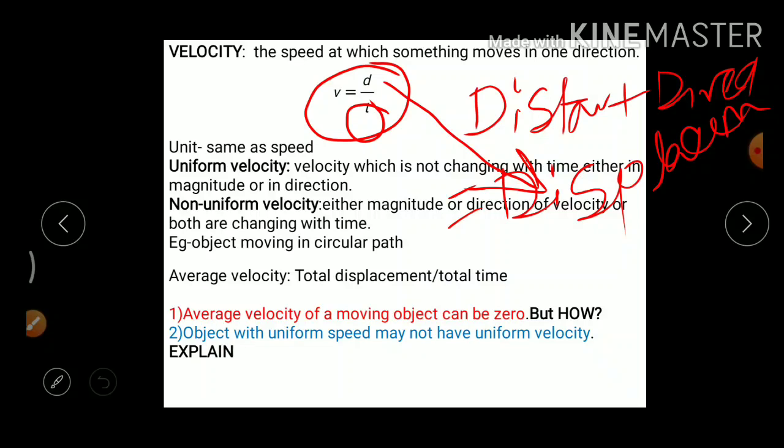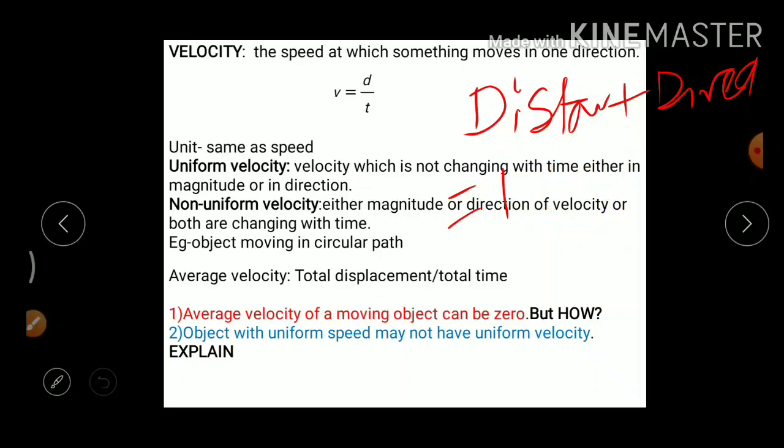So now there is also uniform velocity and non-uniform velocity. Uniform velocity is velocity which is not changing with time, either in magnitude or in direction. Suppose a particle is moving in a straight line.